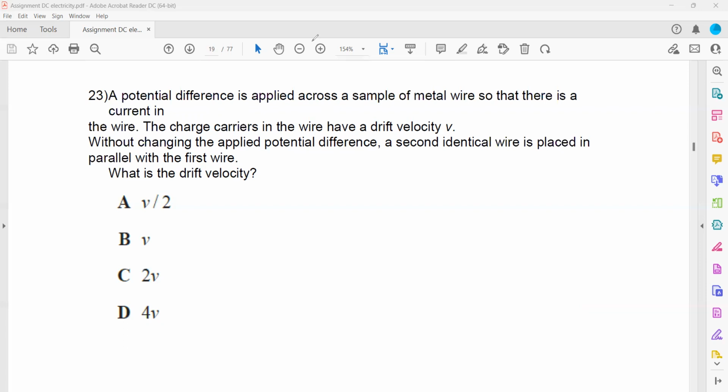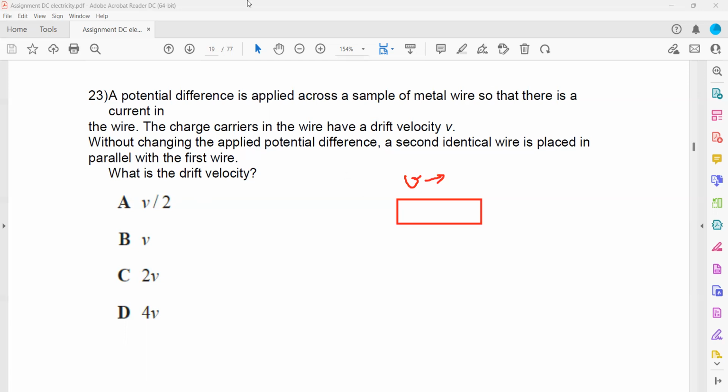Like what we did, there was a fixed resistor, a metal wire, in which the drift speed is v.